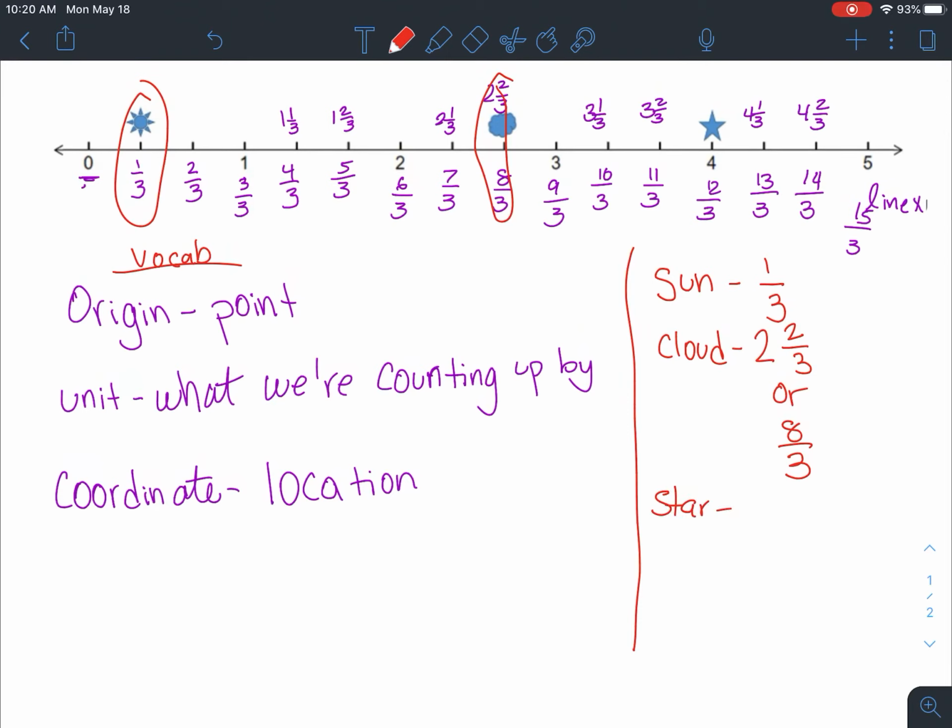Go ahead and take a moment to look at your number line. Where's the star? Right over here. I know the coordinates of my star is 4. Or if they ask you for the improper fraction, you could also say 12/3. That wasn't too bad, right?